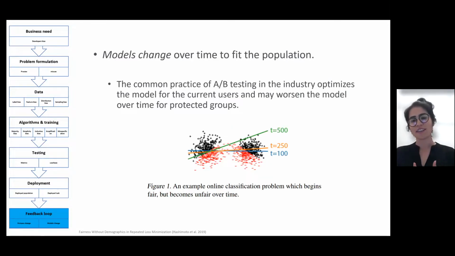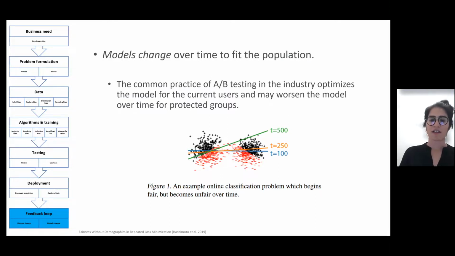For people who like a linear classifier, let's say we have 2 groups here, and at first, at time 100, we have this classifier for black positive versus red negative. And it's kind of fair for both groups, maybe a bit worse on the right group. And then if the right group starts leaving because it's bad, over time this classifier becomes worse and worse for the right group and just keeps fitting the left group.